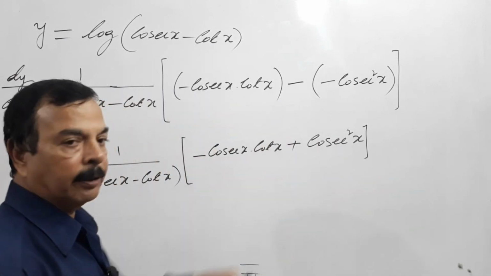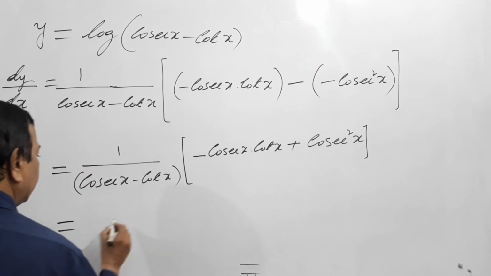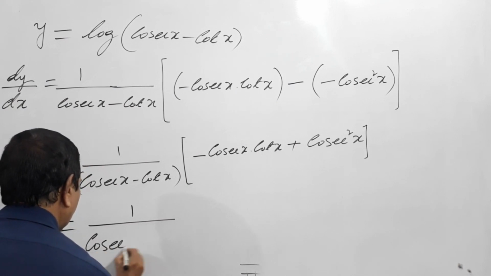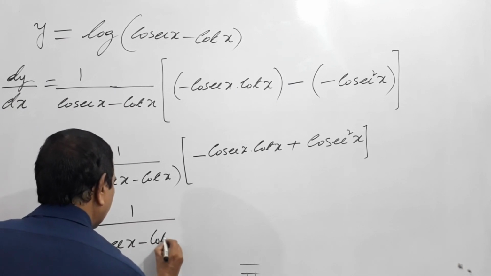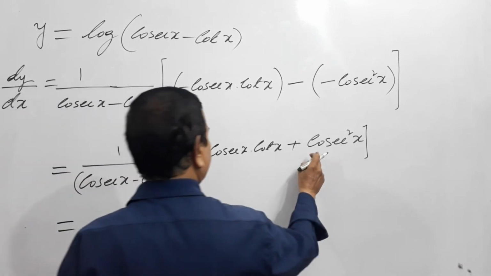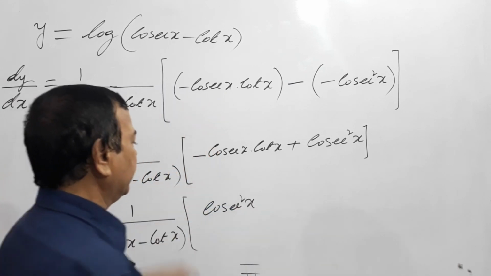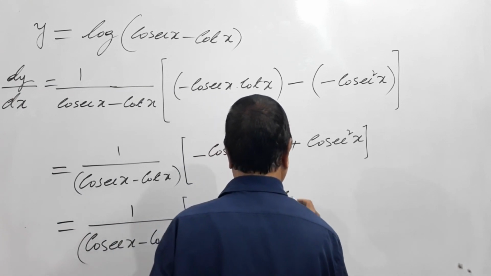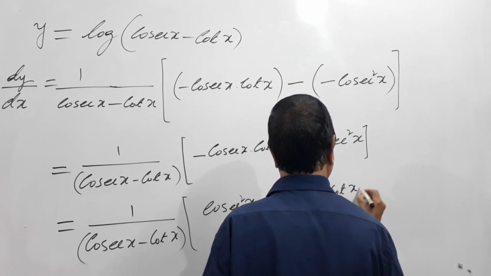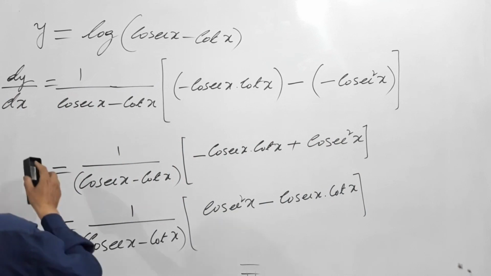So I'll rearrange this within the parenthesis. That is equal to 1 by cosecant x minus cot x. So first I'll write this cosecant square x minus cosecant x into cot x.